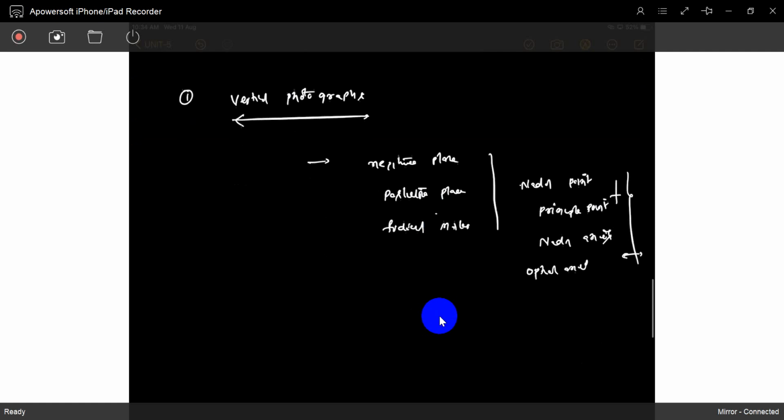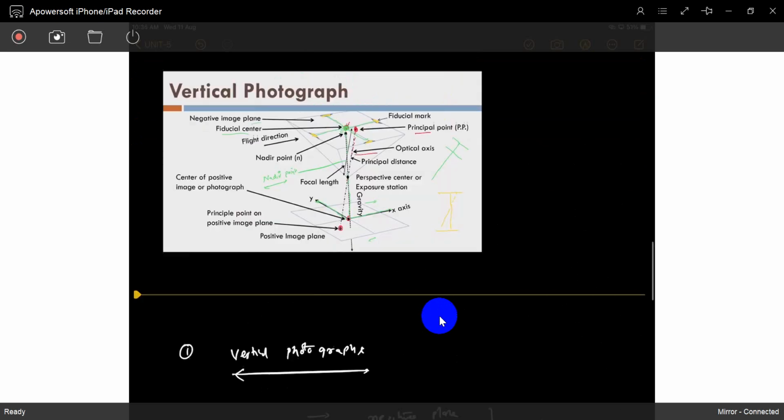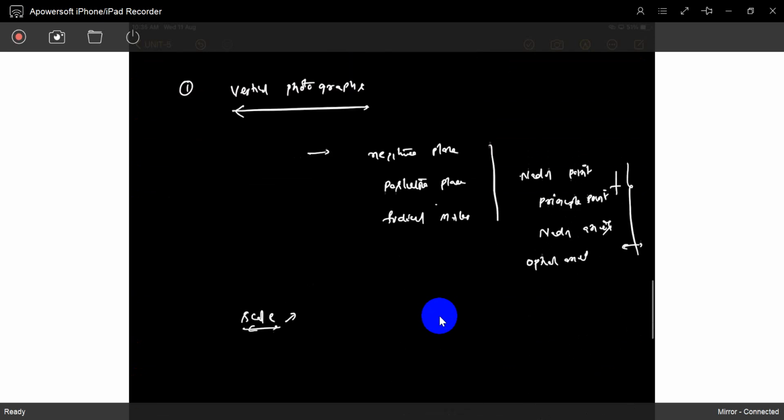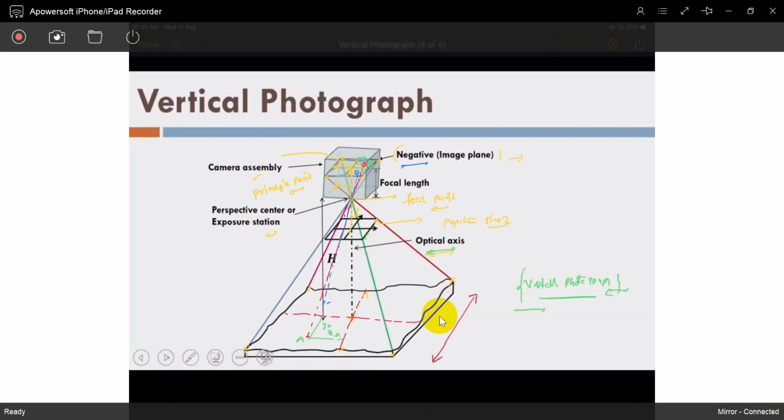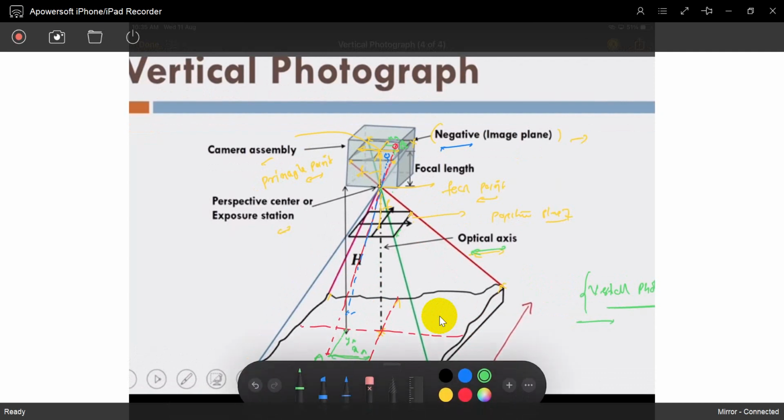Okay, so now the scale will come. So what is scale? Scale is just, if in a ground, where is the image here? In the ground, how much is the distance between these 2 points? If you see, this is XA, this is YB. So exactly, in reality, this is in the photograph, this is XA, this is YA.